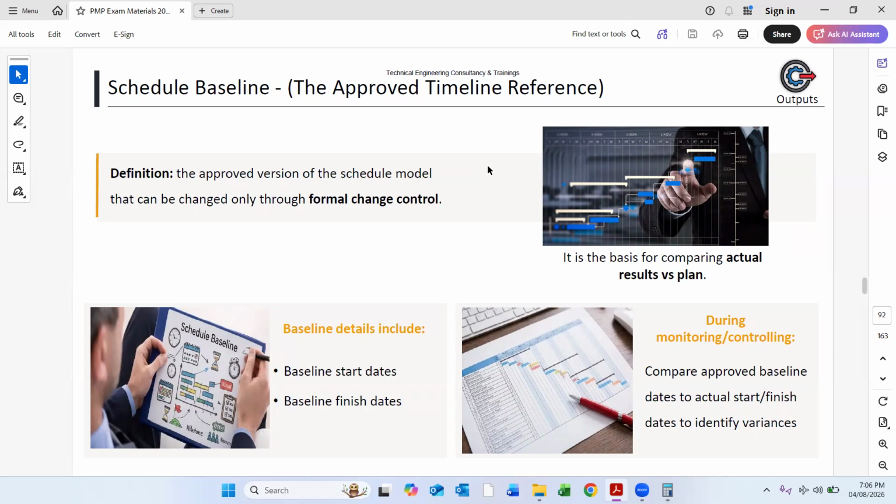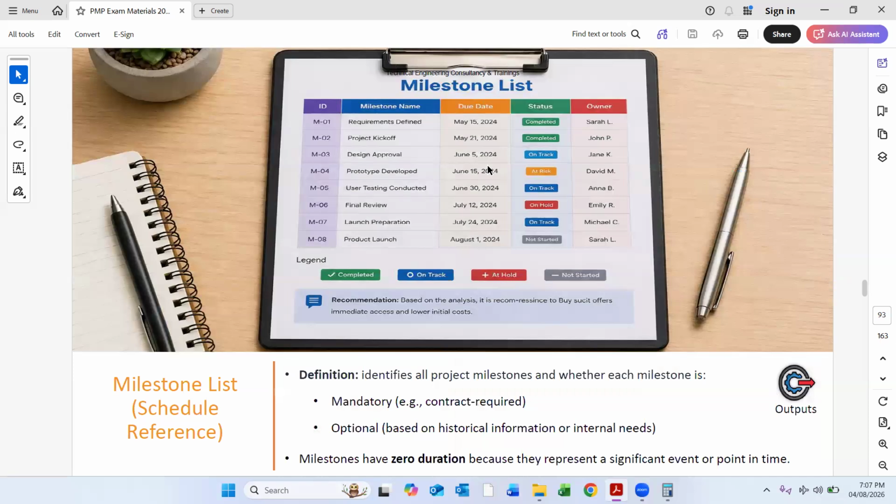When we have a variation order, and that variation order is approved based on extension of time submissions, reviewed by the consultant and then recommended to the client based on methodologies of time impact analysis, window analysis, or time slice analysis. After that formal change control, the schedule can change. Otherwise it cannot be changed. So it has to go through a formal change control. Milestone list.